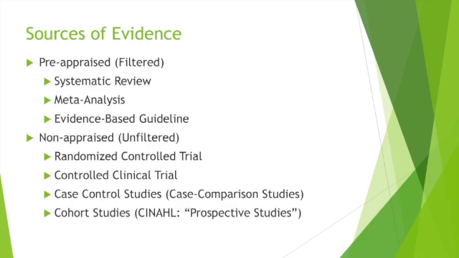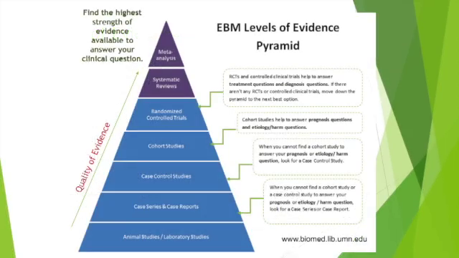So we call it filtered, pre-appraised information. And then non-appraised, unfiltered information, including primary research like randomized controlled trials, clinical trials, case studies, cohort studies, okay? So when you're evaluating your evidence, you're probably very familiar with this pyramid already, right?